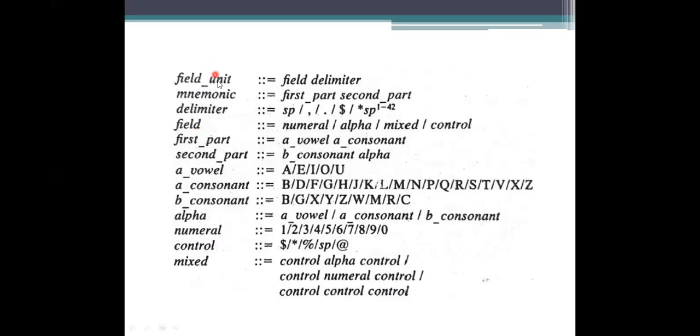What is a field unit? Field unit means field and the next delimiter. So field and delimiter have to be specified. Field, space, delimiter, it is using the 2 multiple representations here. And the remaining ones provide the definition for this one.